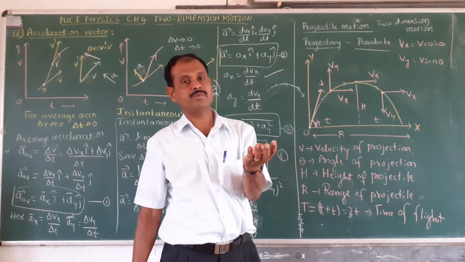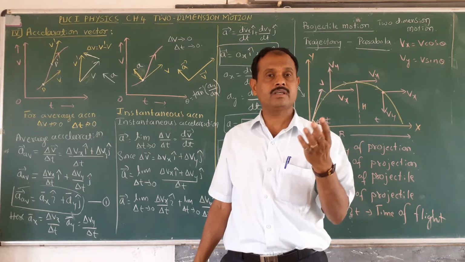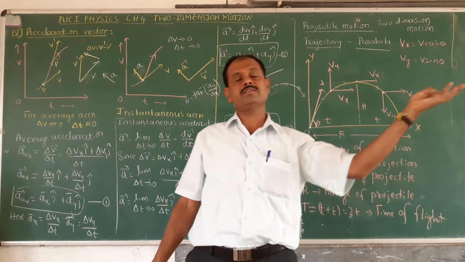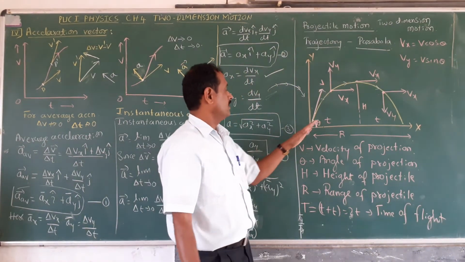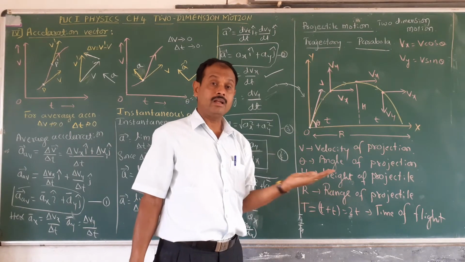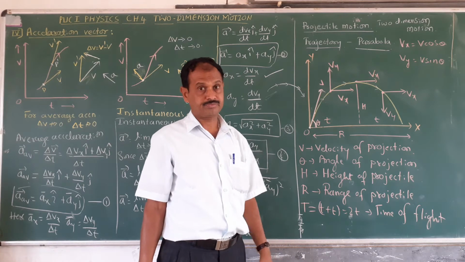First is the velocity of projection: the velocity given to the body when it is projected in space is called the velocity of projection. And the body is projected in space at a certain angle to the horizontal; this is called the angle of projection.